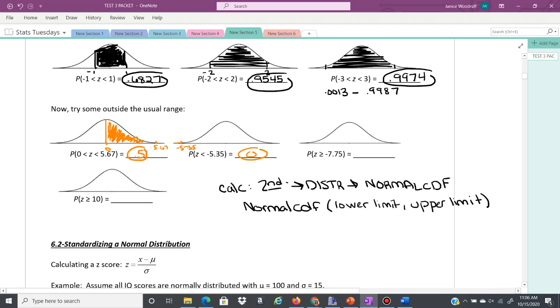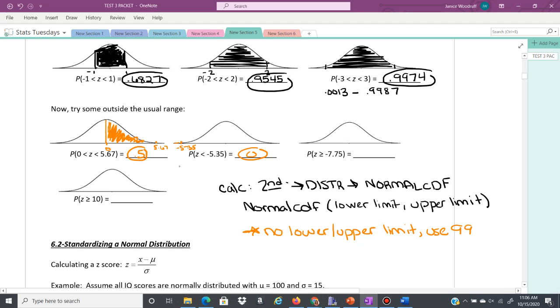Now, let me show you guys this in your calculator here. When there is no lower limit, so if it's just the z-value is less than or greater than something, then you are going to use 99. So if I'm looking at this, this is actually my upper limit. The z-value is less than -5.35.